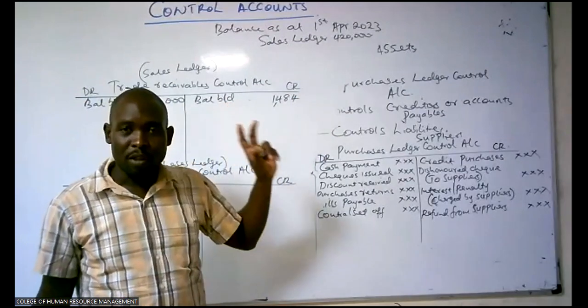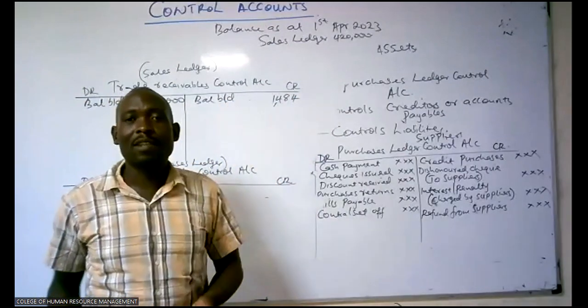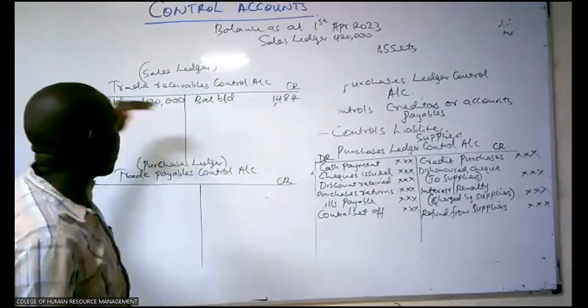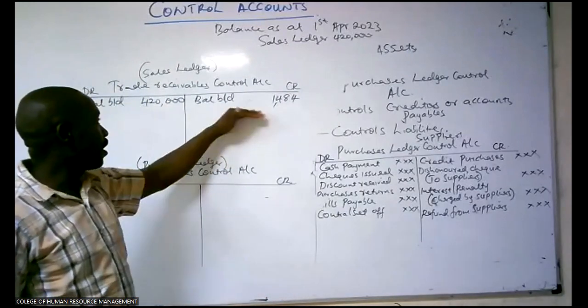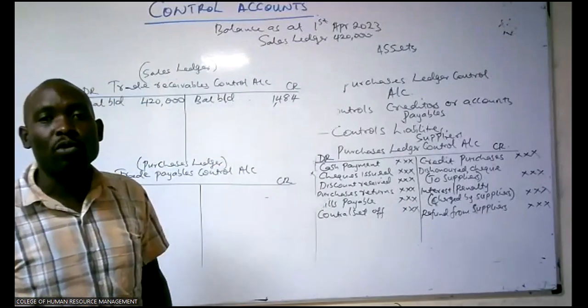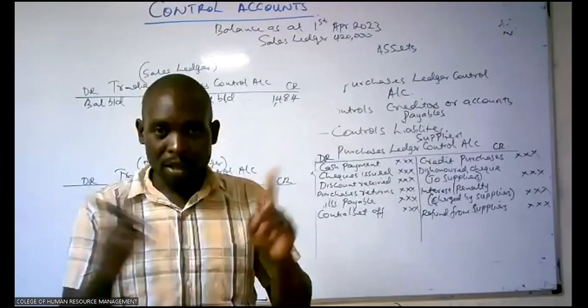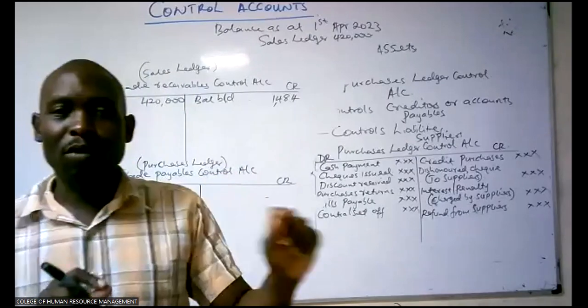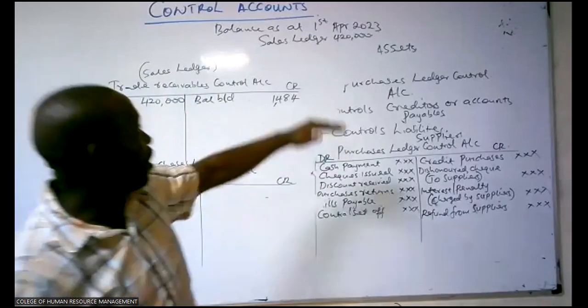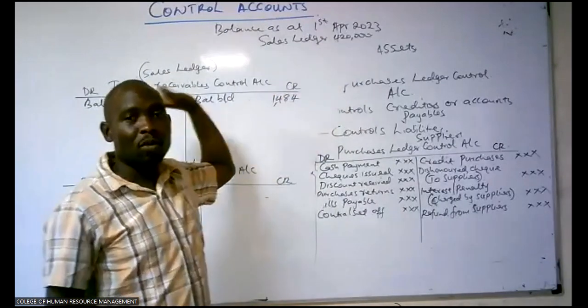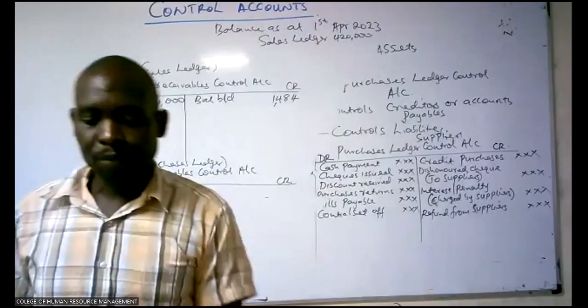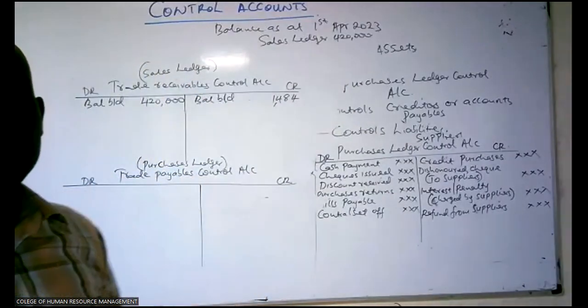No. The sales ledger control account is an asset account. Assets will always have a debit balance. When they give you both, they must tell you which one is for credit and which one is for debit. But when they give you a single amount, just know it is for the debit side. Are you together?